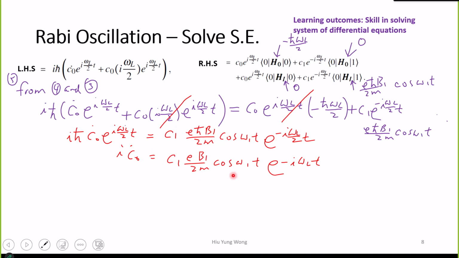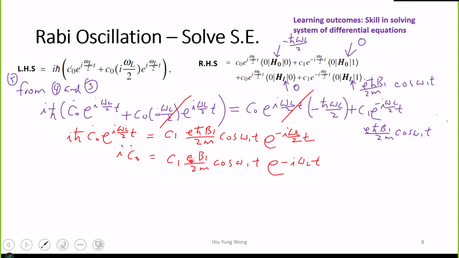Now, you don't need to worry about the math again, right? The important thing is how we arrive at this step, and what is the result? It tells us the rate of change of C0, which is the coefficient of the 0 state, is proportional to C1, which is the coefficient of the one state, and the magnetic field.